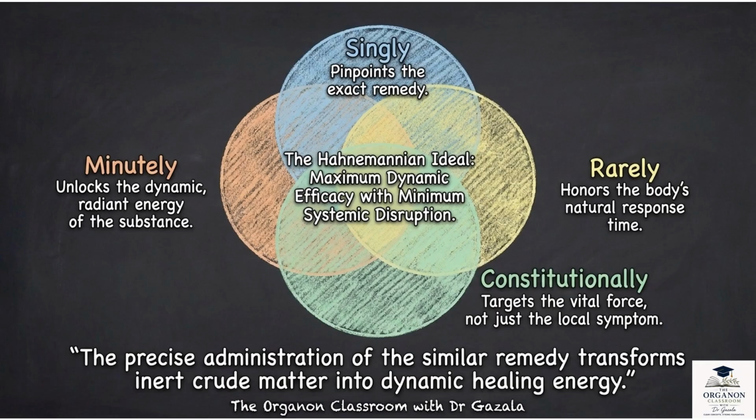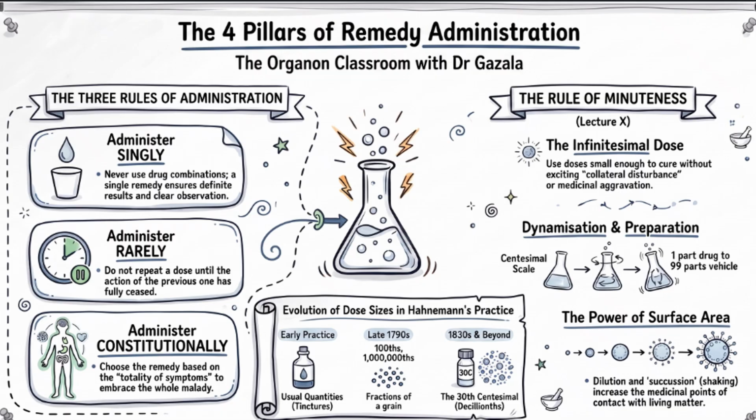And that is what makes these four precepts so important, that they are not four disconnected rules. They are all interconnected. They work together as a single philosophy of precise and perfect remedy administration. So with singly, repeat after me, singly, rarely, constitutionally, and minutely, we complete the framework of similar remedy.